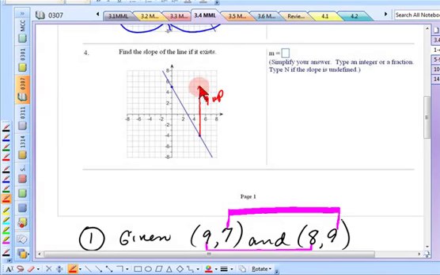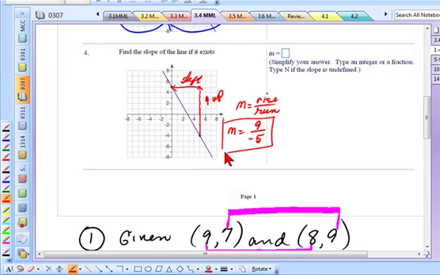Then the run is 1, 2, 3, 4, 5 units to the left. So the slope is the rise over the run. What was my rise? 9. What was my run? -5, because it went to the left. And if you went the other way, you'd get -9 over +5. It doesn't matter.